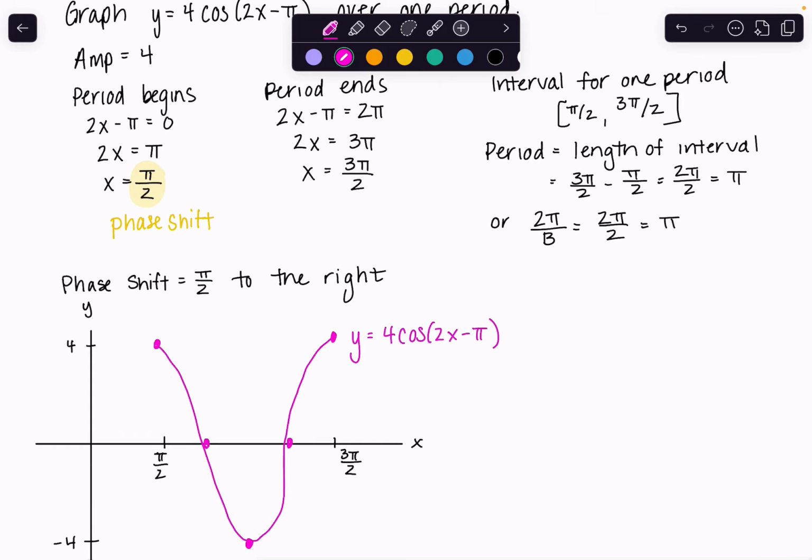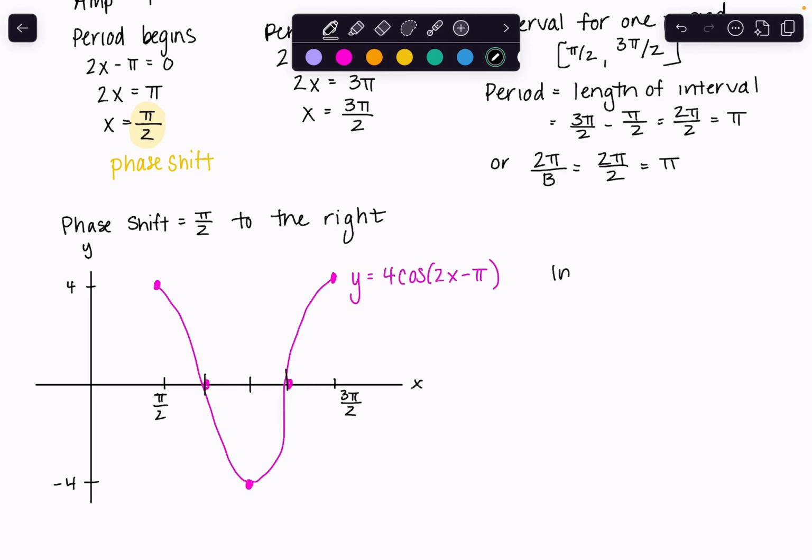But again, I want to know what these key values are here. There are 3 key numbers for those key points. So you could find it by finding what is halfway in between pi over 2 and 3 pi over 2.